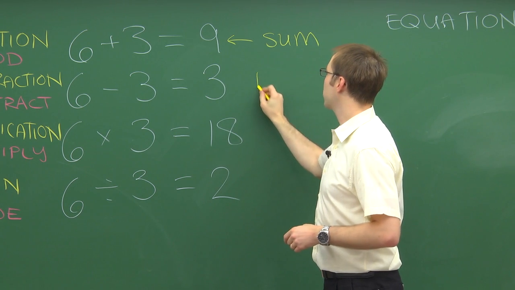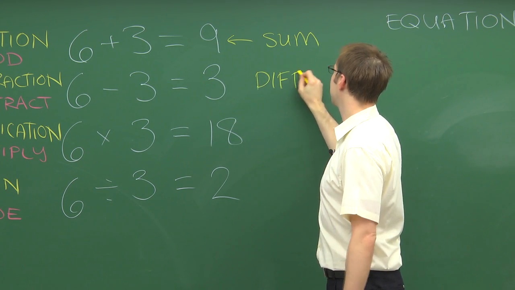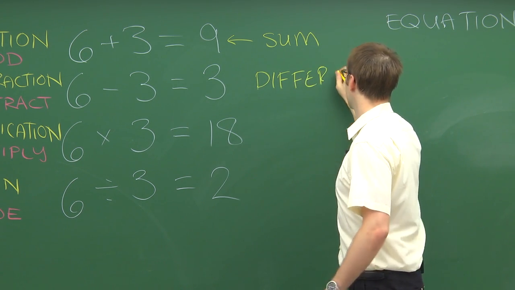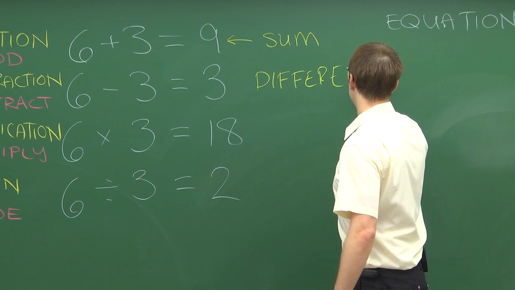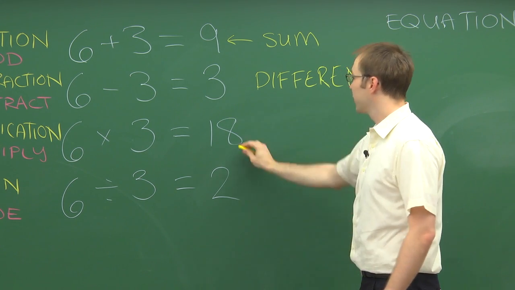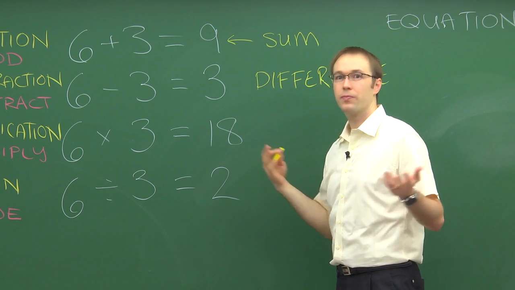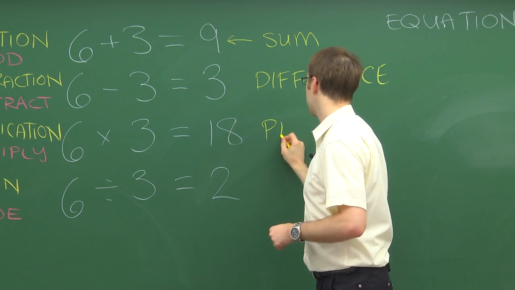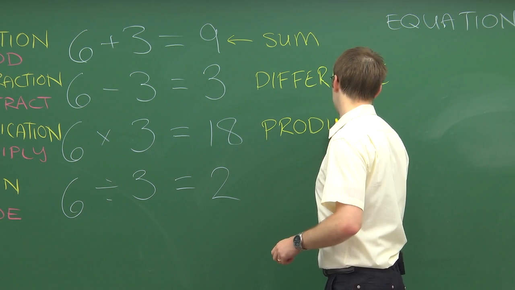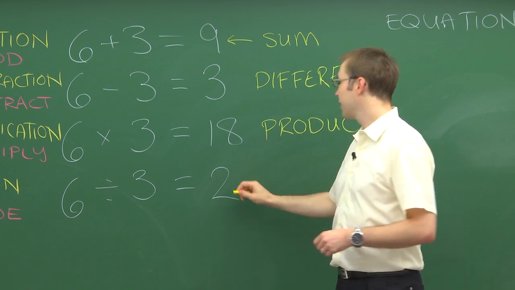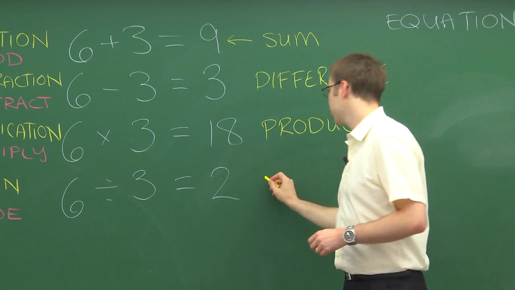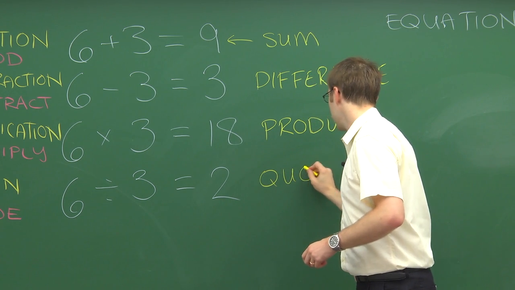When we use subtraction, they're going to ask us about a difference. When we use multiplication, that's going to be a product. The answer is a product. And division, our last one, a quotient.